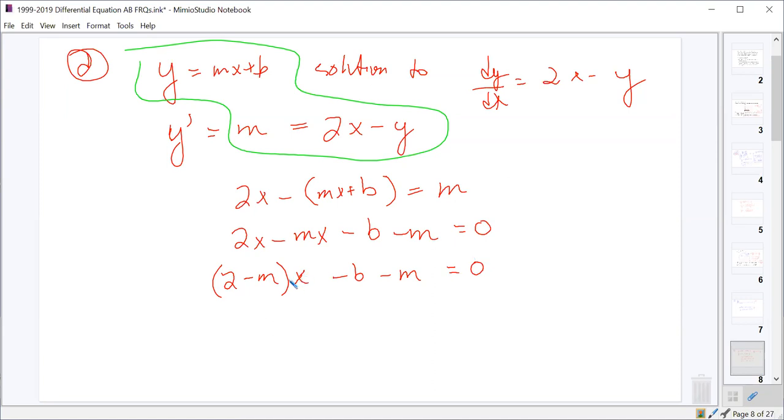X is a variable. So the number of x's on the left-hand side of this equation should equal the number of x's on the right-hand side of this equation, shouldn't they? If this is an equal sign, then both sides, the left and the right, have to equal each other. So the number of x's over here should equal the number of x's over on the right-hand side.